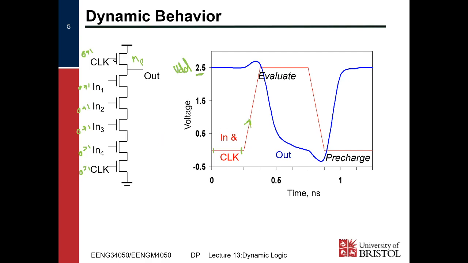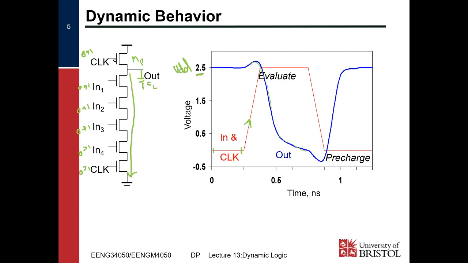When that happens, our pre-charge transistor turns off, our output is no longer connected to VDD, and because all of these are enabled, there is a path down to ground, and so our output discharges its load capacitance, CL, gradually, exponentially as always, down to here.